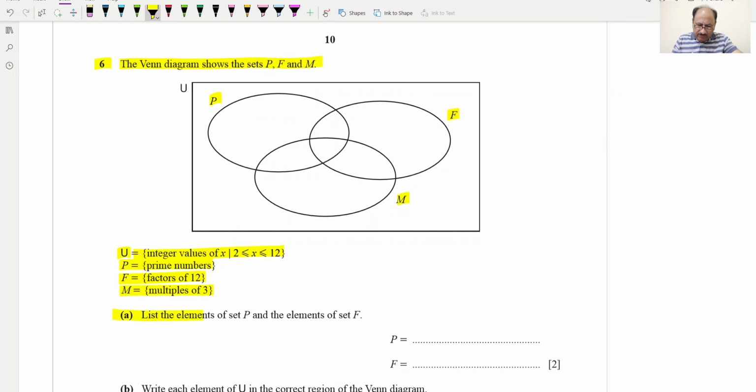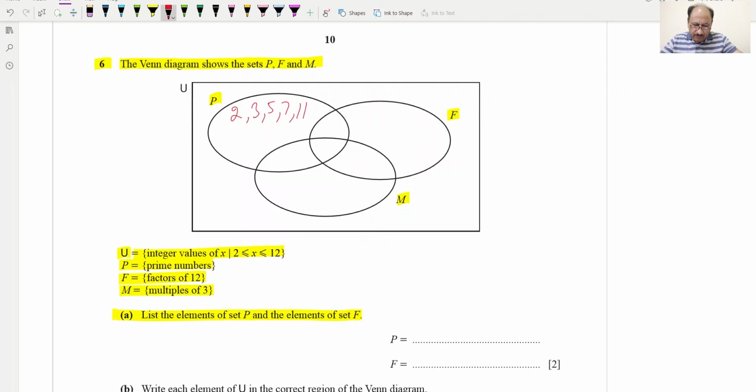So list the elements of set P and elements of set F. So we can write P is prime numbers, so prime numbers from 2 to 12. First I will write all prime numbers here. So it will be 2, then 3, then 5, then 7 and 11.